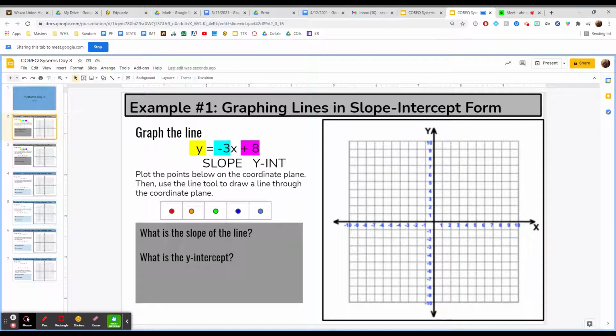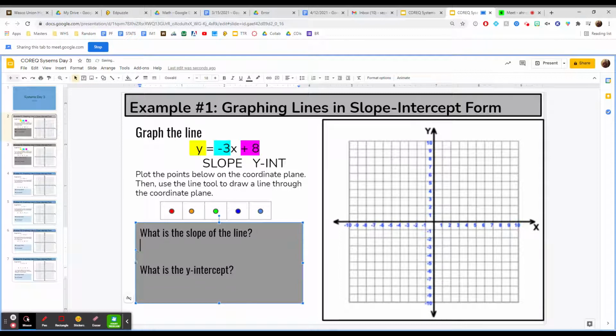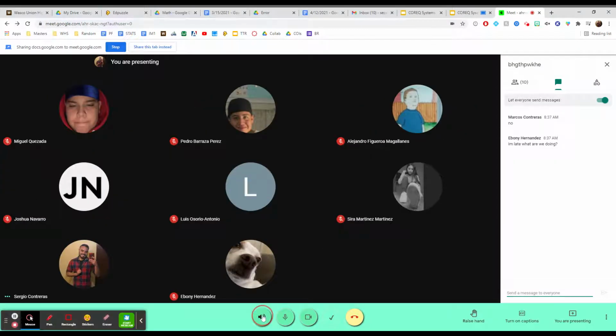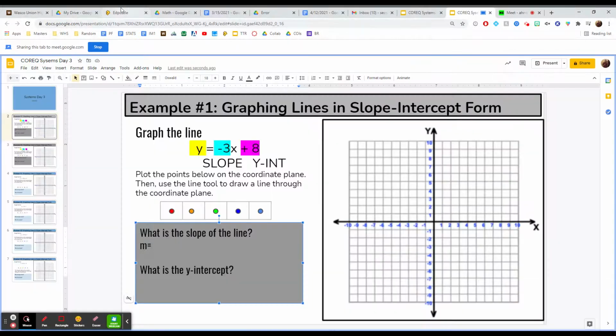Okay, so we're going to start by identifying what the slope is. M is equal to my slope. So my slope is this one right here, the -3. Remember, the slope is always the number next to x.